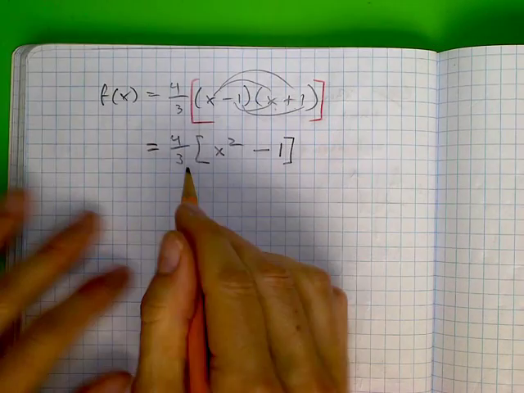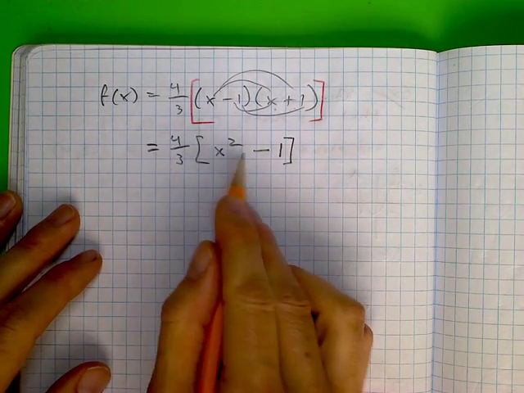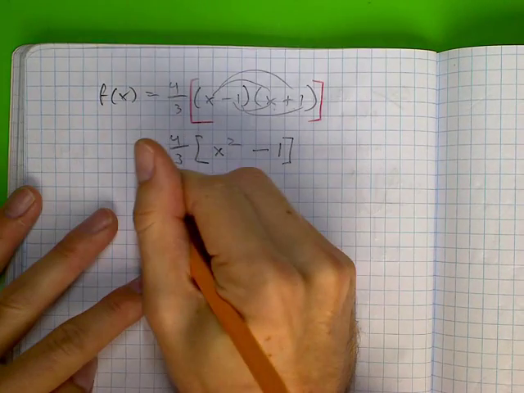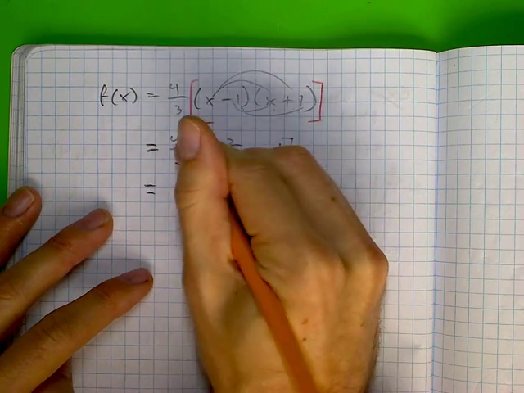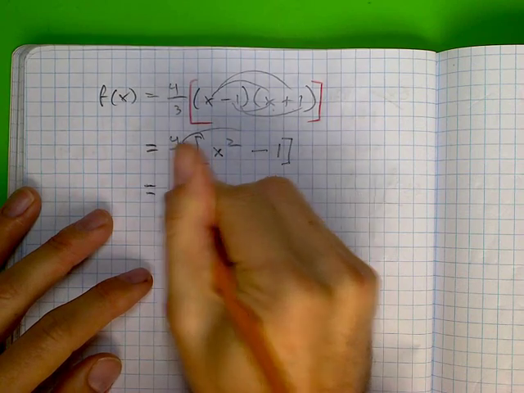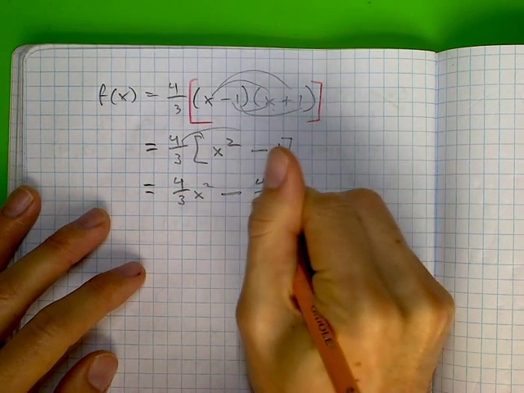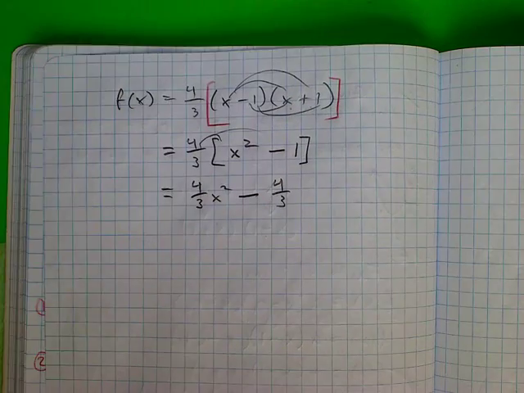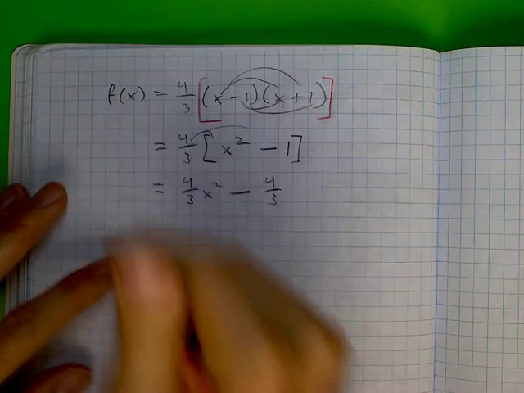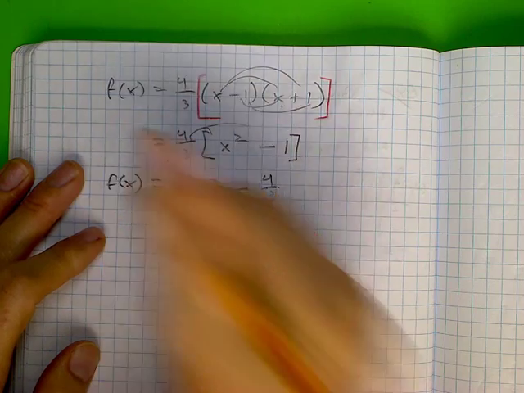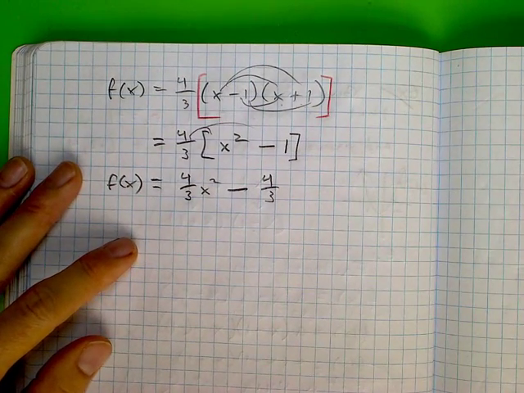I don't quite have a list of terms yet. I still have some multiplication, some parentheses in there. So I'm going to distribute my 4/3. So it's going to be 4/3 x squared minus 4/3 times 1, which would be 4/3. So here's my function in standard form.